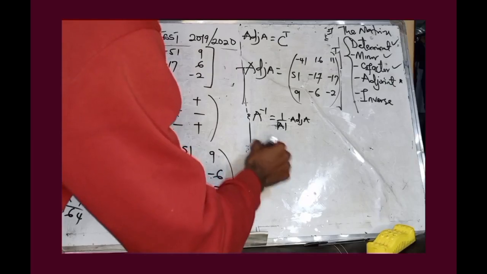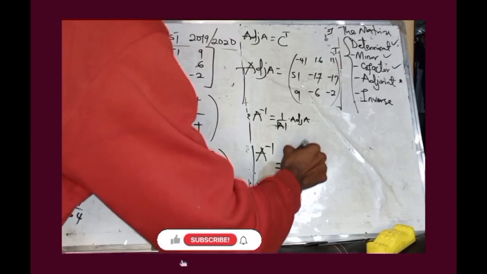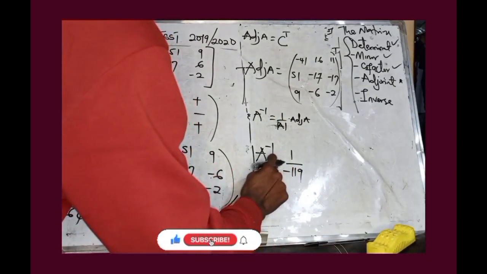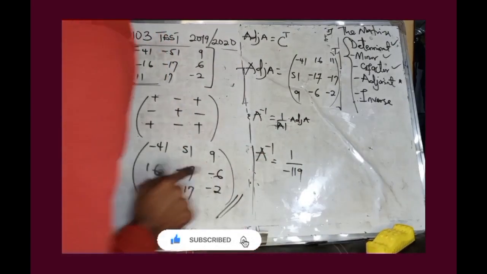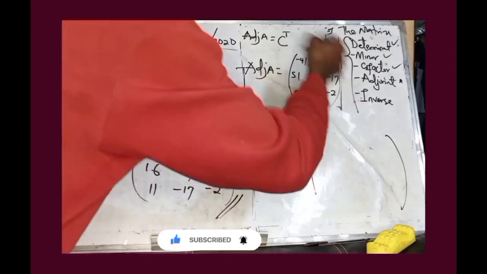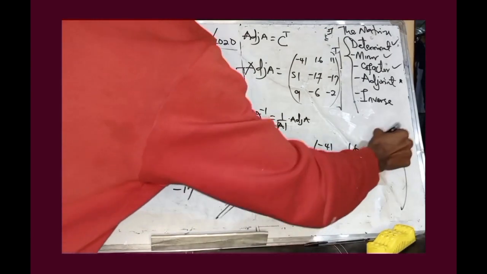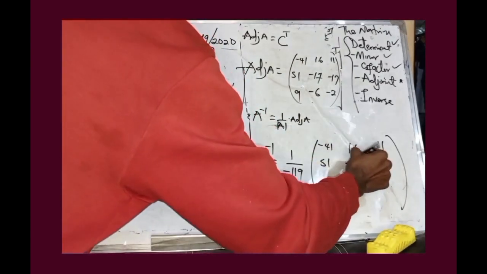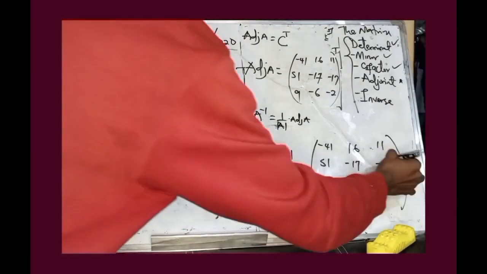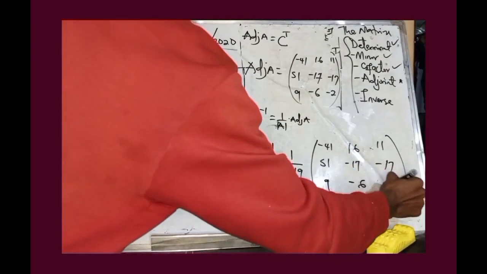So finally my A inverse becomes 1 over the determinant, that is minus 119, multiplied by the adjoint of A, which is minus 41, 16, 11, then 51, minus 17, minus 17, then 9, minus 6 and minus 2.